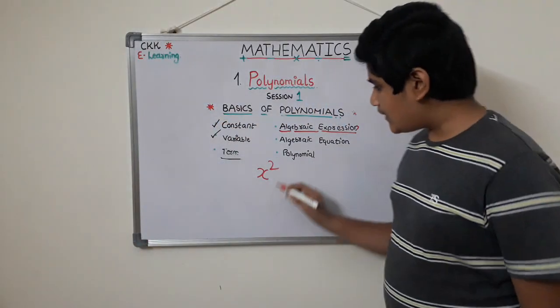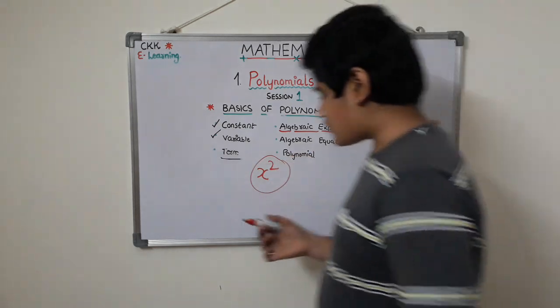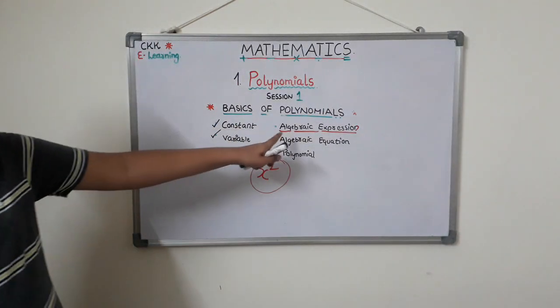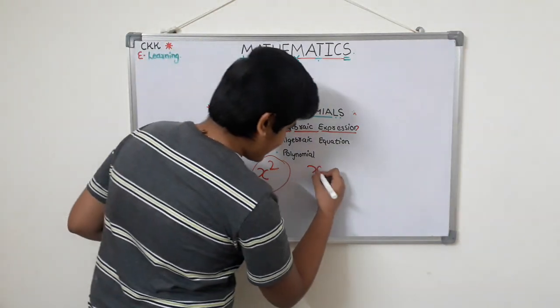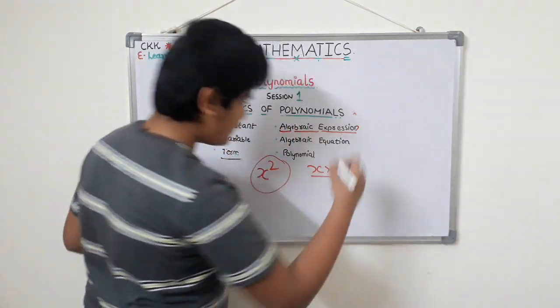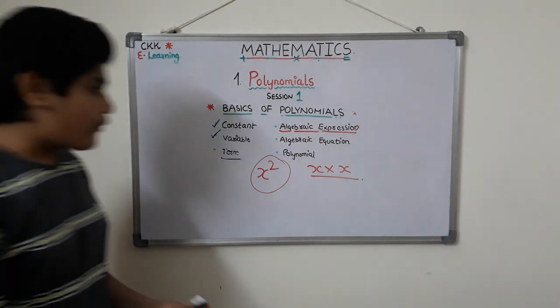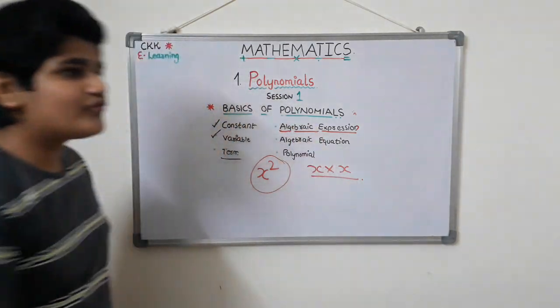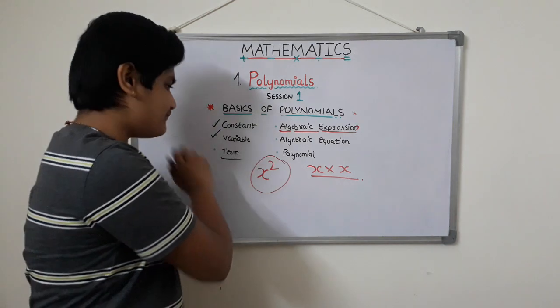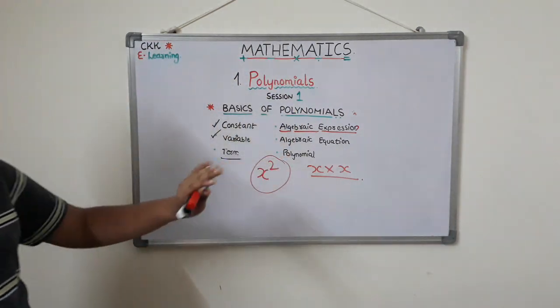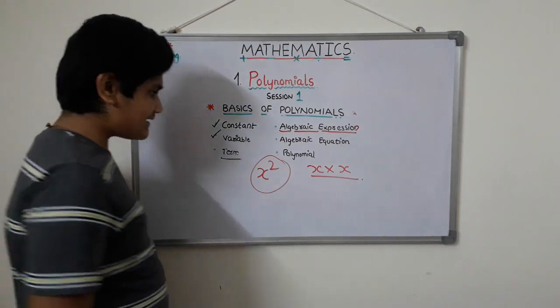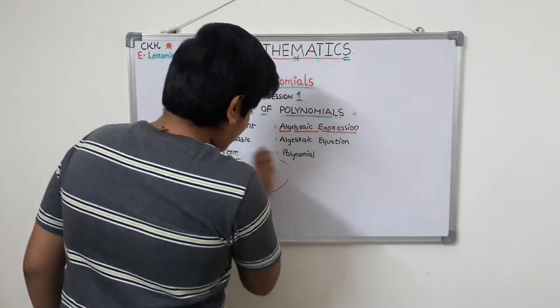So this is also considered an algebraic expression. This is also a term. x square means x into x. The product of two variables is also a term. So this will give x square, and that is also a term.